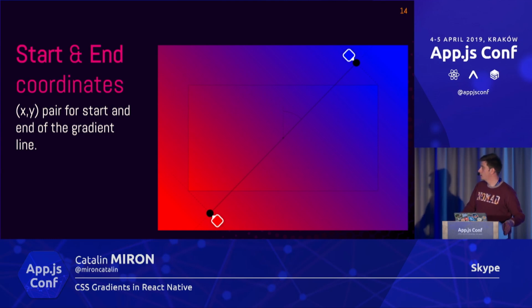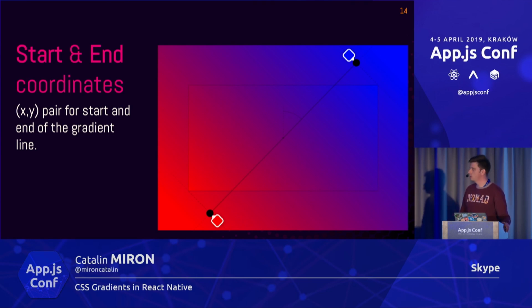Now the start and end coordinates: it's more or less a set of x, y coordinates that define where they are positioned in the system. You can also calculate those with math formulas.